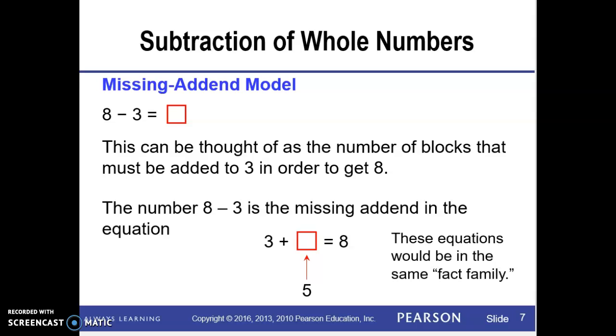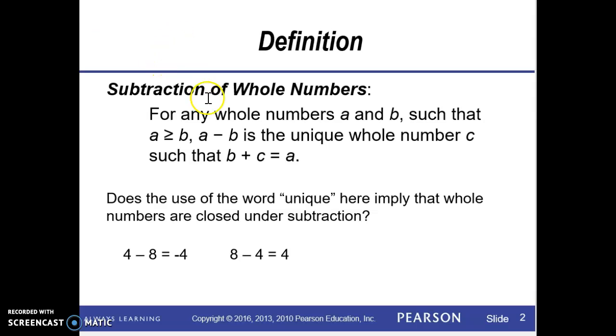So remember our definition of subtraction. Let's look back at that really quickly. If a minus b is equal to c, that implies that b plus c must have been equal to a to begin with. That's our missing addend approach.